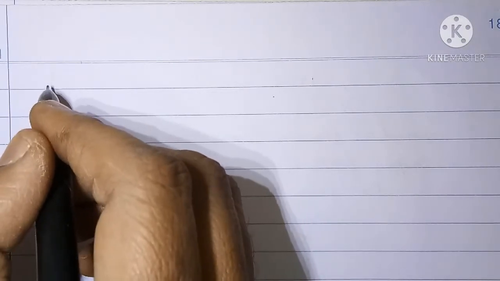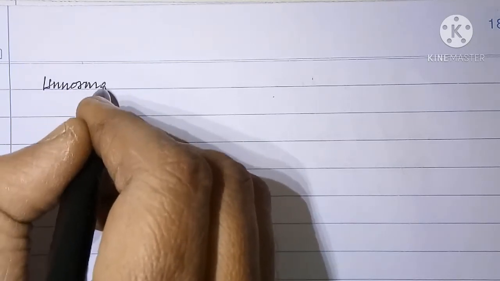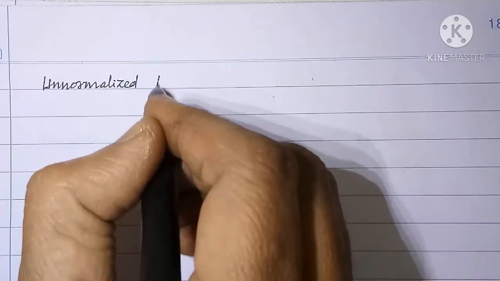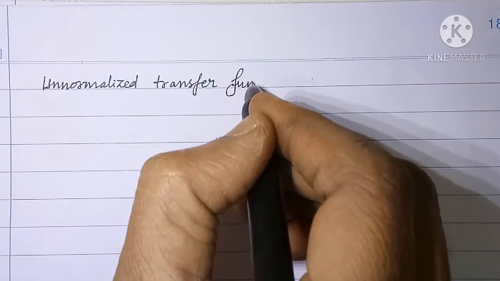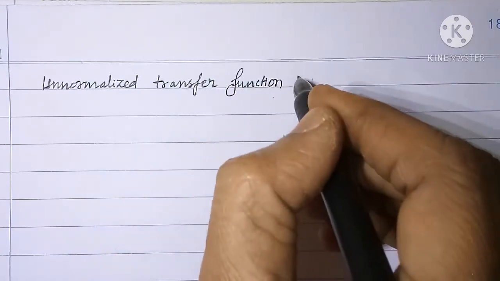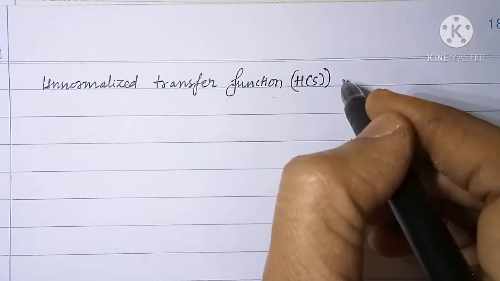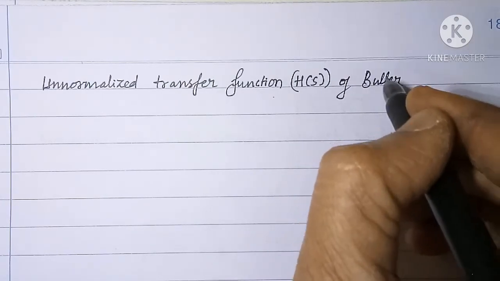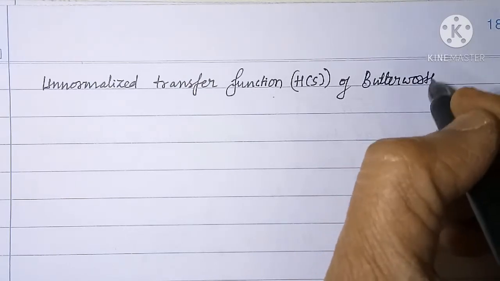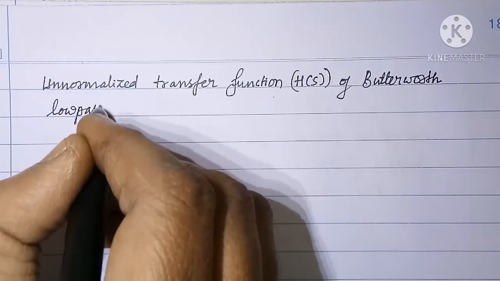Now we will write the unnormalized transfer function H of S of Butterworth low pass filter.